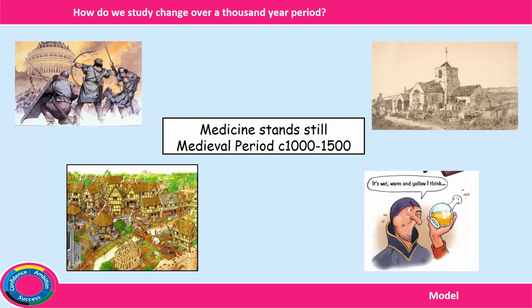We also look at this time at some improvements in medical knowledge that do begin to emerge. So we have the opening of universities and new ideas that begin to spring up with things like urine charts being used for the first time to help treat people. But at this time, medicine is still very much under the influence of the church.